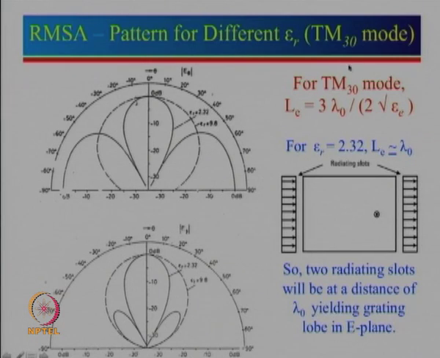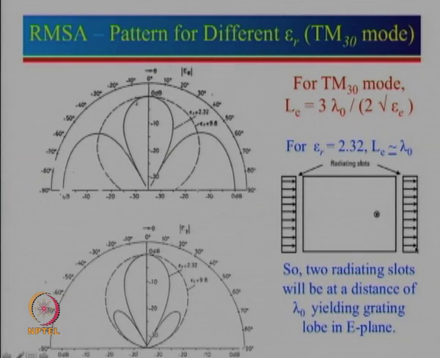So, now for the 3,0 mode this is 3 lambda by 2. Now, for epsilon r 2.32 if you put here epsilon effective is roughly we had seen about 2.23 and for that let us say square root of that will be roughly 1.5. So, 1.5 multiplied by 2 will be 3, 3 lambda 0 by 3 will be lambda 0. So, what we have here?